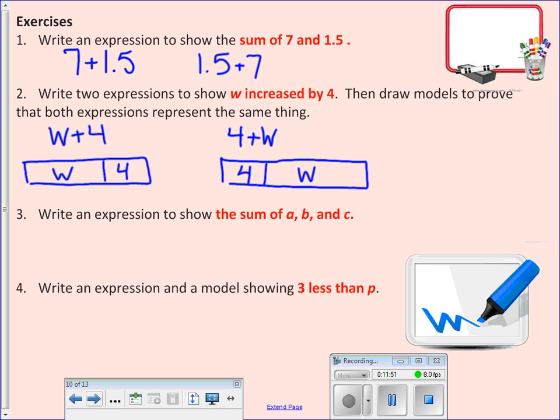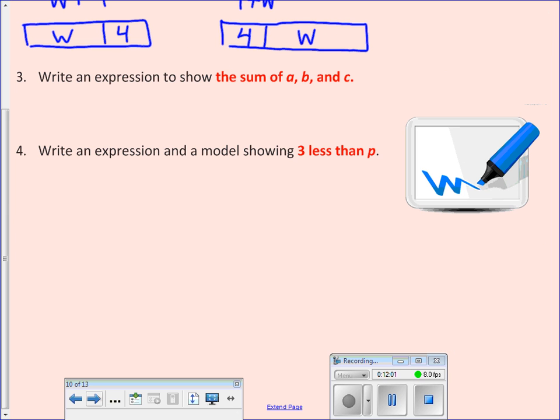Okay? Write an expression to show the sum of A plus B plus C. Oh, I just said it. So we have A plus B plus C. Anybody want to do something different?